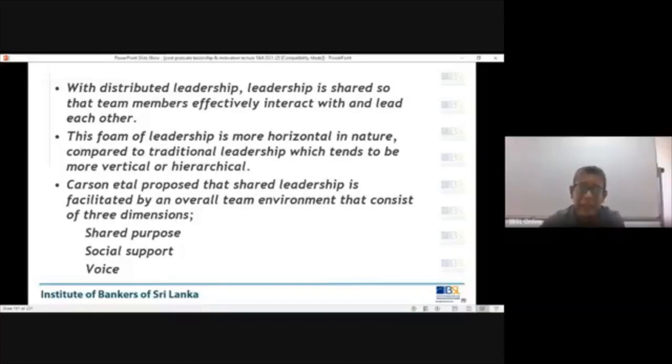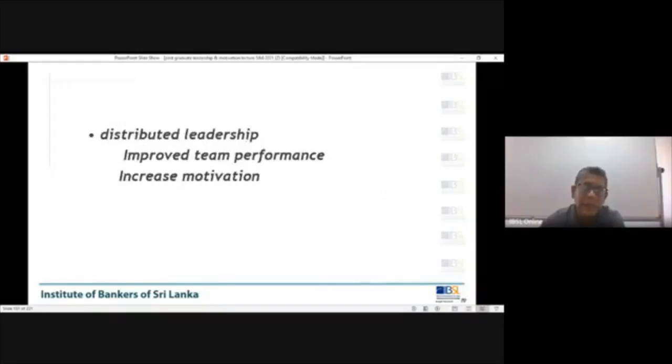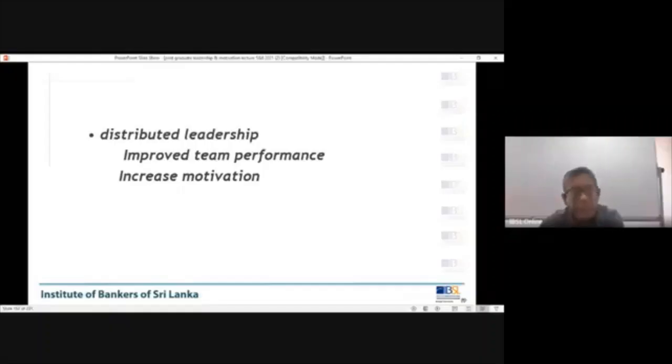Another name for distributed leadership means facilitated by an overall team environment, right? And it consists of three dimensions: shared purpose, social support, and voice, right? Distributed leadership has also been identified today as improving team performance and increasing motivation, right?